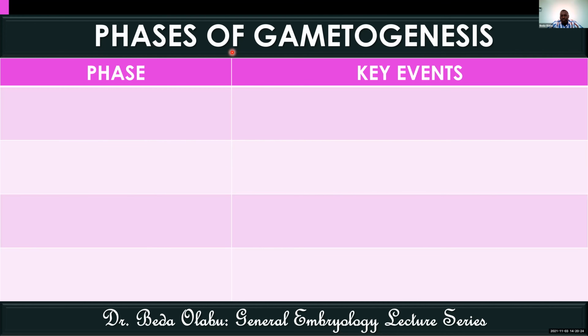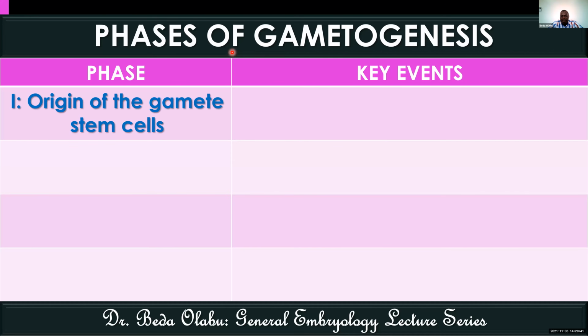At that time, when we don't know whether this baby will become a baby boy or a baby girl, that is when things begin. That could be surprising, but that's when the stem cells that will give rise to the gametes in that baby begin to do something.